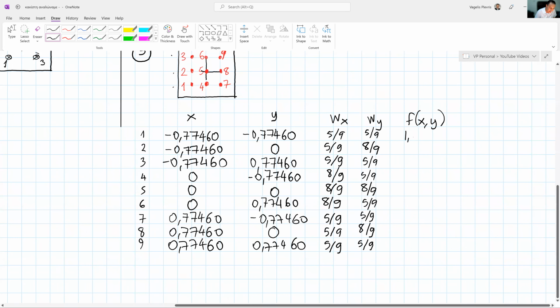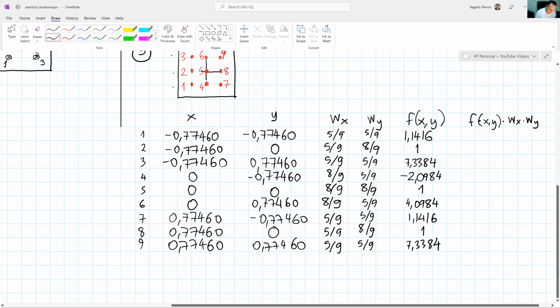So I will quickly write the values of this function, if you calculate them properly. So this one is it. One and 7.3384.